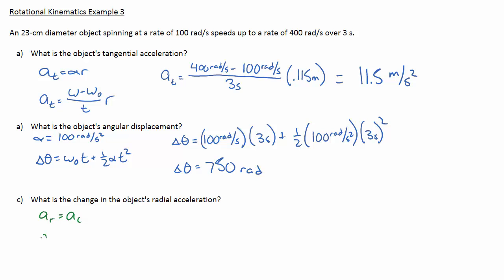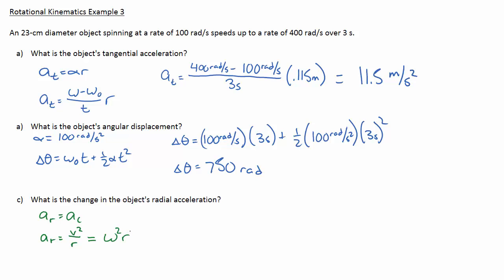So essentially what I'm doing here is I'm just taking v squared over r to find my radial acceleration. If you think back to one of the simplifications I did in the previous video, that's equal to omega squared times r.